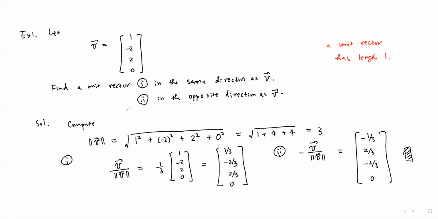Now, second example. Example 2. Take a number, a scalar, times a vector. We have a new vector. Then the length of this new vector is equal to the absolute value of the scalar times the length of vector V, because the length is a non-negative number.